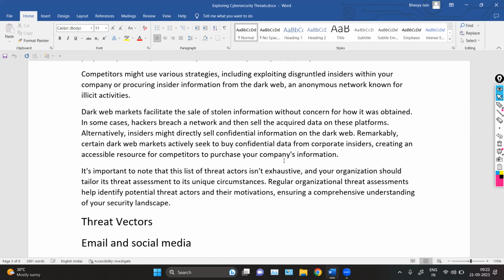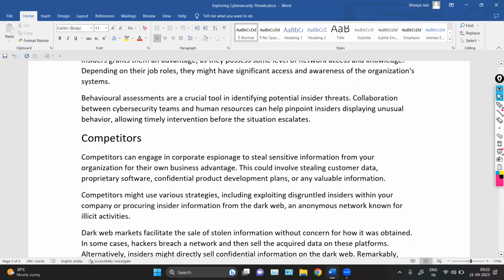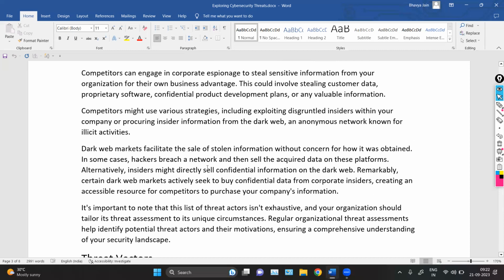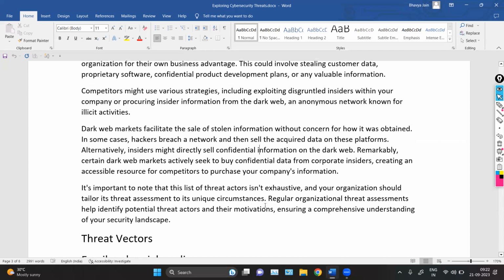Okay, so it is important to note that this list of threat actors isn't exhaustive, and your organization should tailor its threat assessment to its unique circumstances. Basically, we have many more classes, but these are the part of the syllabus. We cannot fully protect a company; there's no chance of providing 101% security.